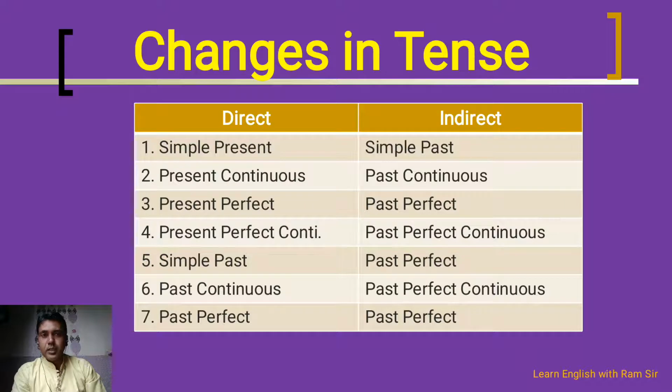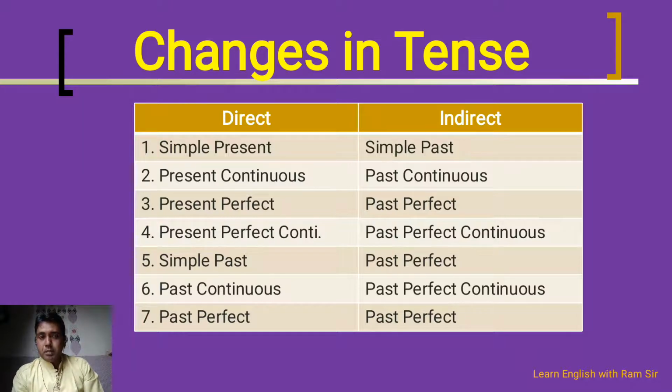So let's see that if the sentence is in simple present, that will be converted into simple past. Present continuous becomes past continuous. Present perfect becomes past perfect. Present perfect continuous becomes past perfect continuous. Continuous tense is also called progressive tense.